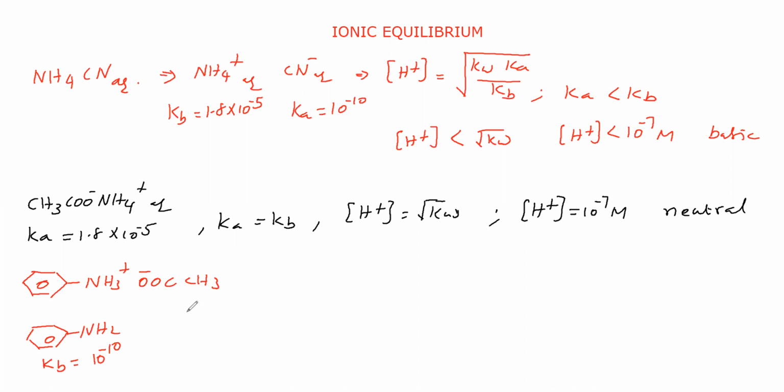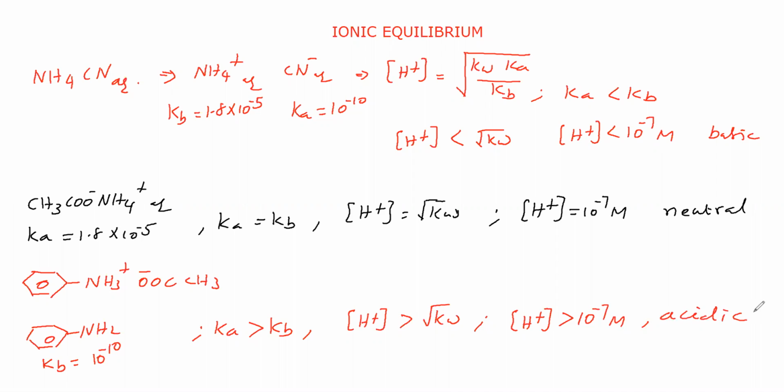Acetate also undergoes hydrolysis. Here, Ka is greater than Kb. In this case, Ka is 10 power minus 5 and Kb is 10 power minus 10. So, Ka is greater than Kb. Therefore, concentration of H+ is greater than square root of Kw, greater than 10 power minus 7 molar. Therefore, the resultant solution is acidic.